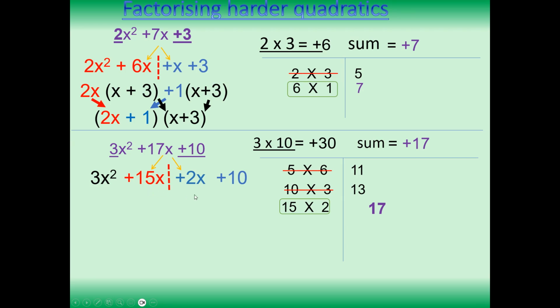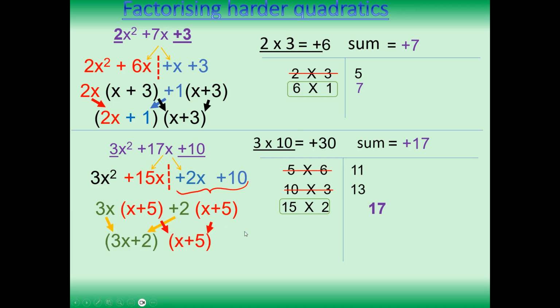Once you split them up, you factorize the first two terms and the second pair together. The highest common factor of 3x squared and 15x is 3x, and the highest common factor of 2x and 10 is 2. So then you collect 3x plus 2 in one bracket, and 5x plus 5 goes in the second bracket.